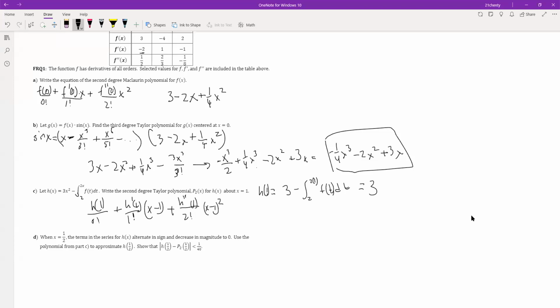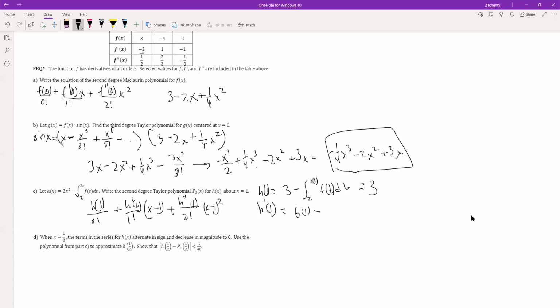And now moving on to h prime of 1. Well, we're just taking the derivative of 3x squared minus the definite integral from 2 to 2x of f of t dt. So power rule for the first one, pretty simple, 6x, and then I'll put in the 1. And then subtracting, this is the fundamental theorem of calculus.